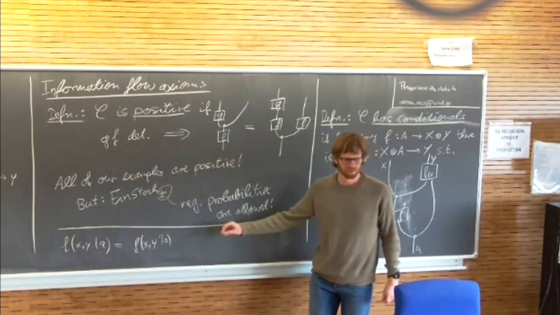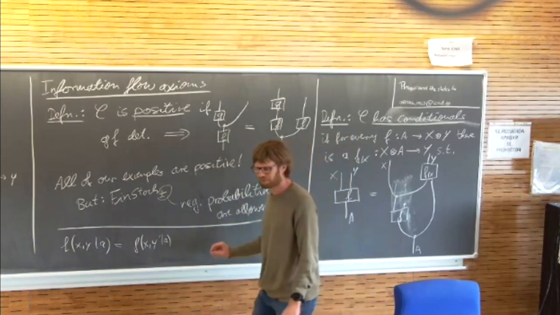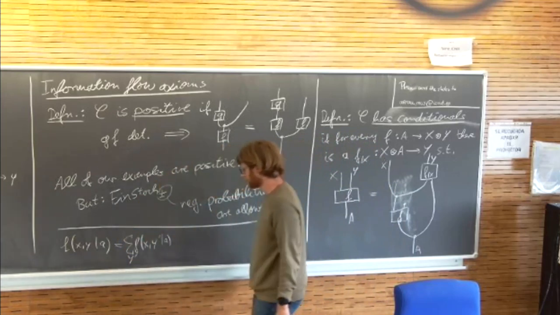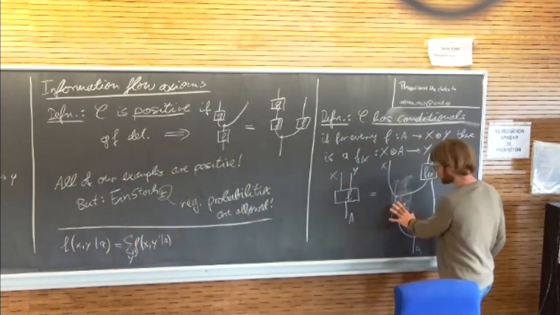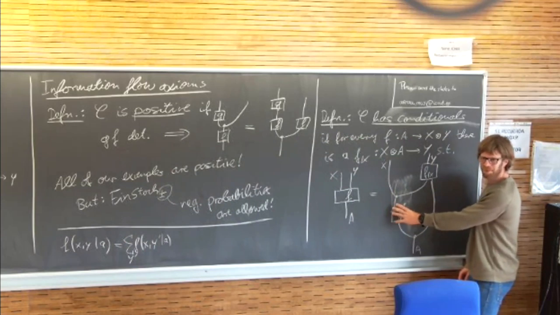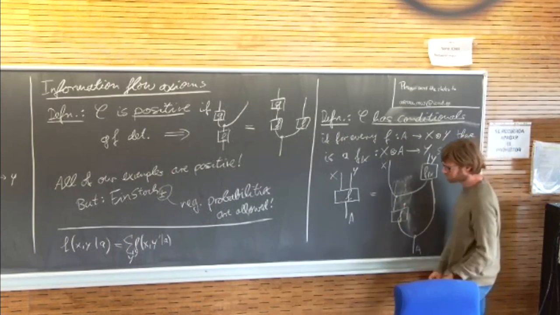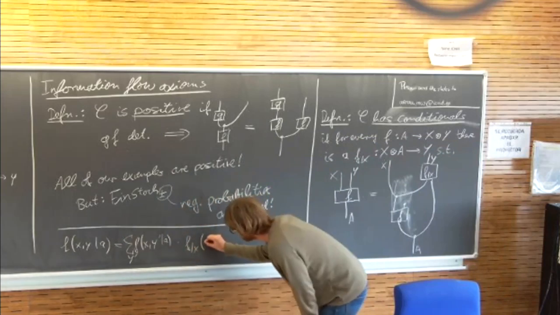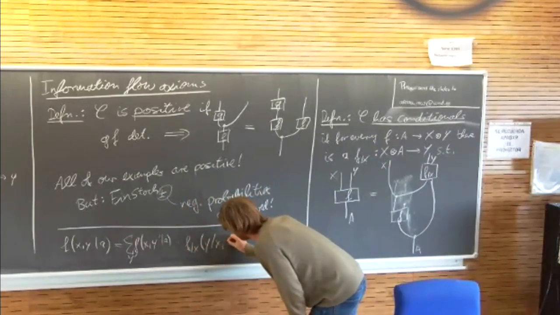Maybe I'm going to spell this out and write it explicitly as a sum over Y prime. So that's this thing, right? And then here for the conditional, we just get the conditional Y given X comma A.